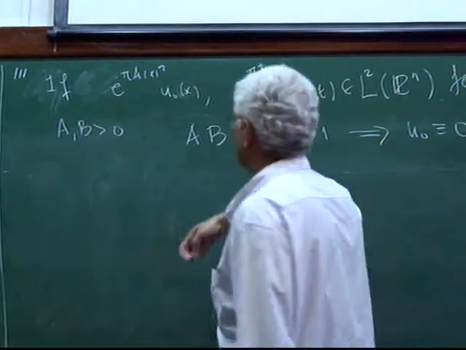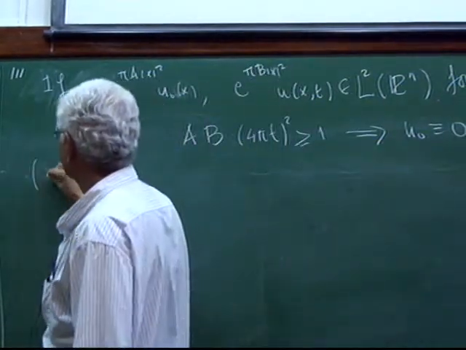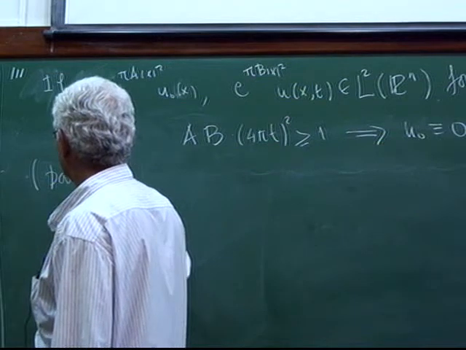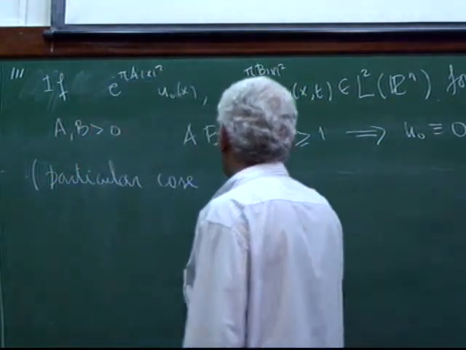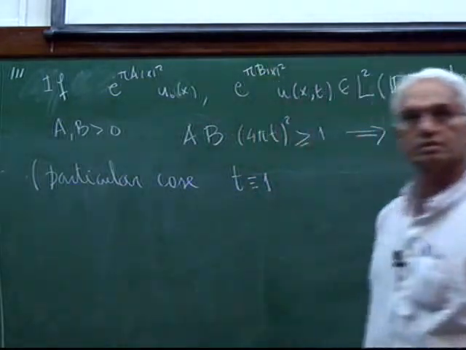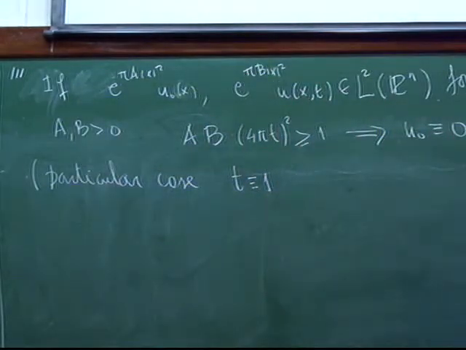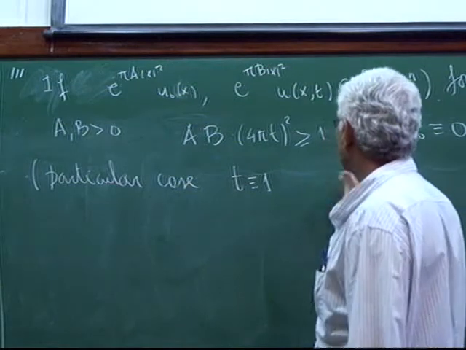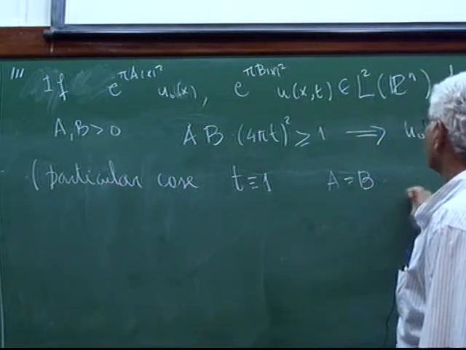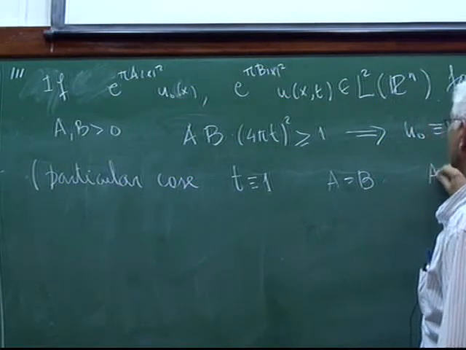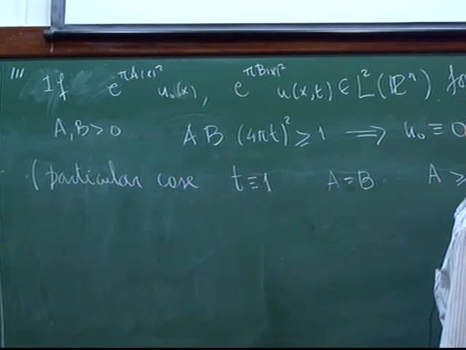For example, let's take the following case. And let's put this number in to use that on Monday. If t is equal to 1 and a is equal to b, the condition is that a is larger than 1 over pi.